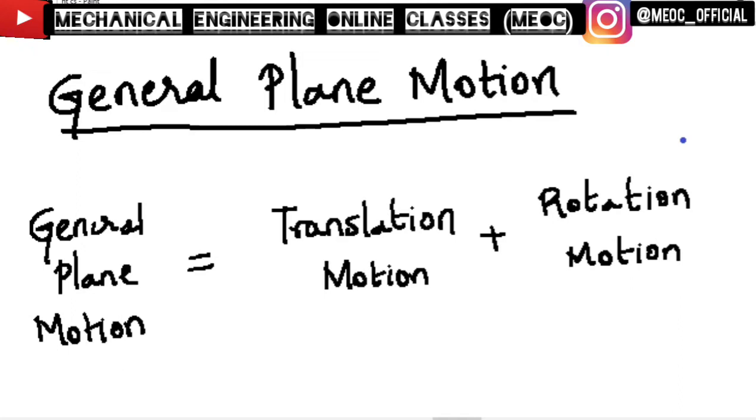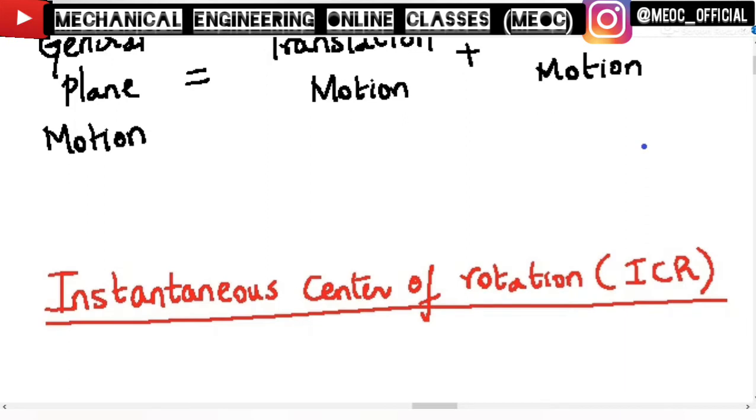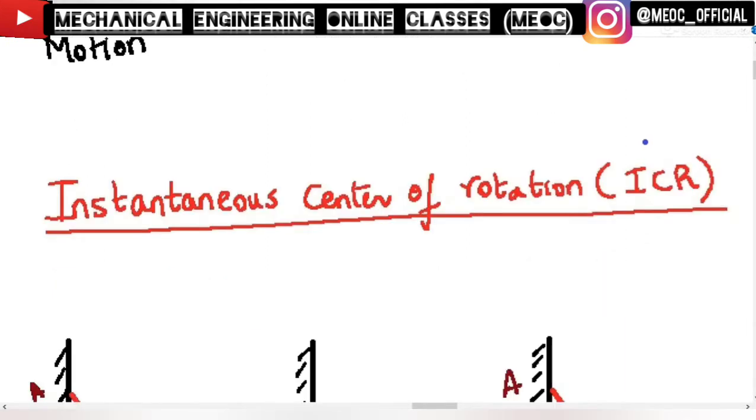That center of rotation is not constant because there is translation also. So the center of rotation at a particular instant is called the instantaneous center of rotation. In short, it is abbreviated as just I or ICR. We will be using the term ICR because I is mostly used for moment of inertia.